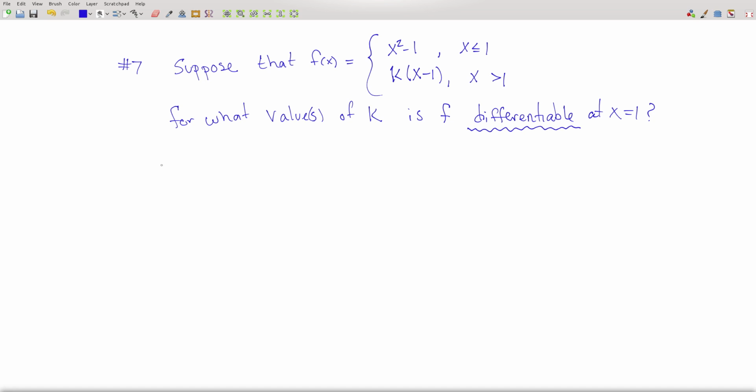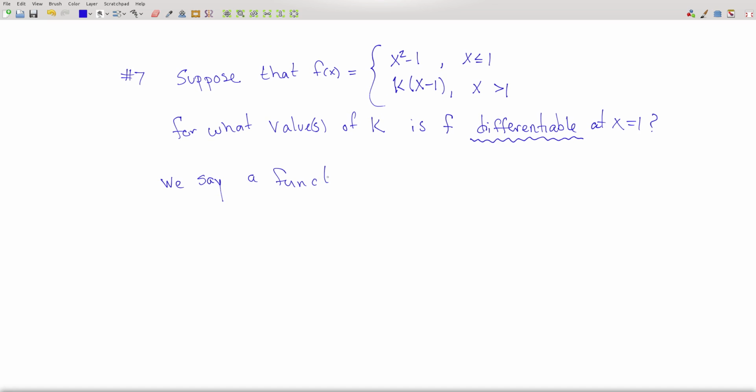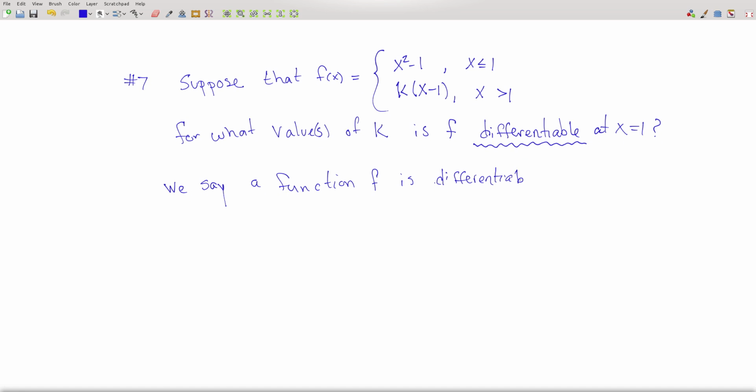We say a function f is differentiable at, say, x equals a if the limit as x approaches a of the derivative of f of x exists.